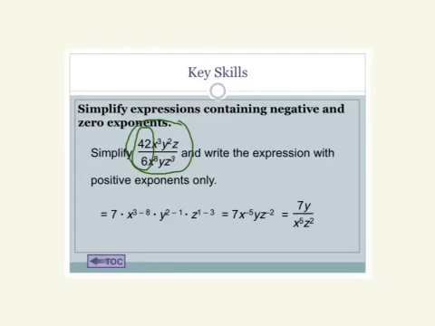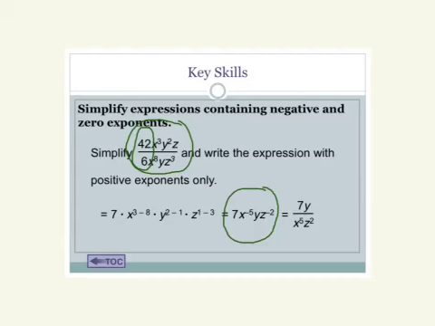So then we come out with an answer of 7 x to the negative 5th, y, z to the negative 2nd. Now that answer can be further simplified. We have two variables that have negative exponents, x to the negative 5th, z to the negative 2nd. So we get rid of those negative exponents by moving those two variables into the denominator.